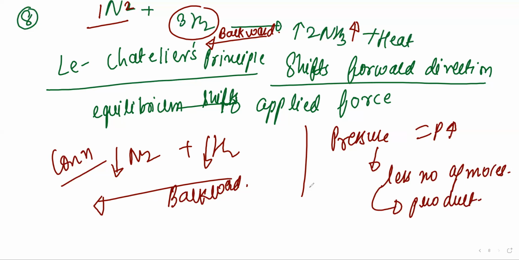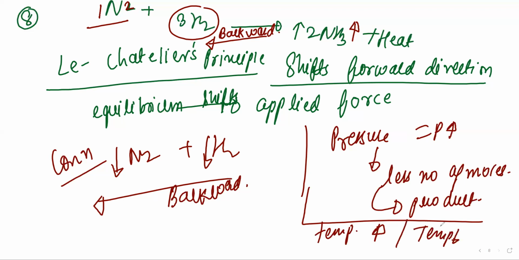Now let's talk about temperature. When the temperature decreases, the heat evolved in the reaction is consumed, so heat will be evolved, and the reaction moves towards the forward direction. So more NH3 will be formed.